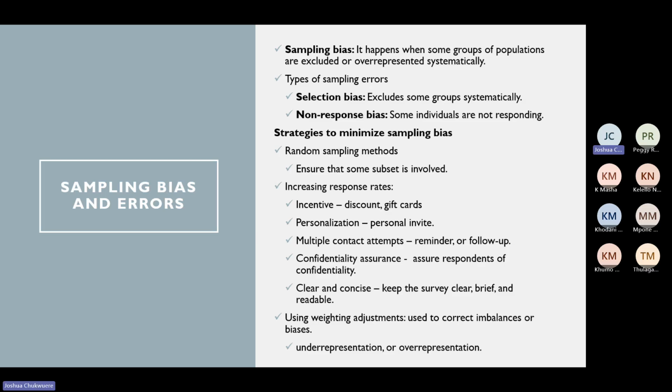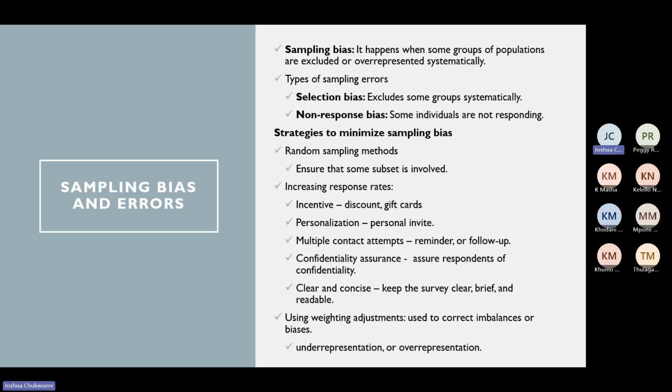Using weighting adjustment to correct imbalances or biases. In this case, underrepresentation or overrepresentation, you try to balance it. Because now you find out that this study is being skewed. Here, you find out that your questionnaire has been focusing only on people at Maheken campus. That is overrepresentation, but other campuses are not being represented. If you continue sharing it here at Maheken campus, you will get the same response.